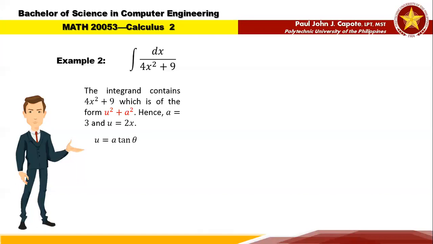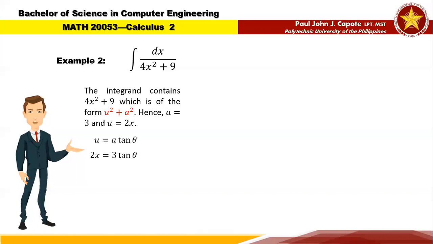Now we all know that when our integrand contains the expression u squared plus a squared, or can be represented through the expression u squared plus a squared, we can use the trigonometric substitution u is equal to a times tangent theta, where u is 2x and a is 3.